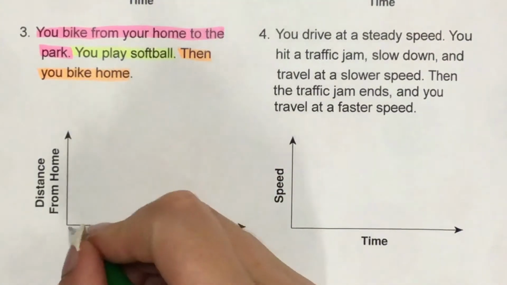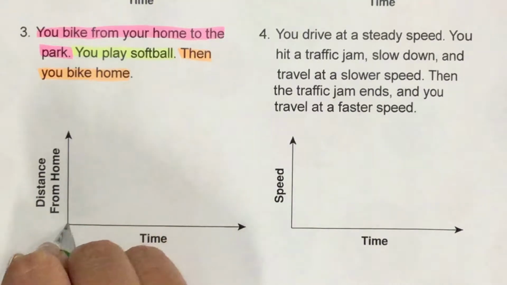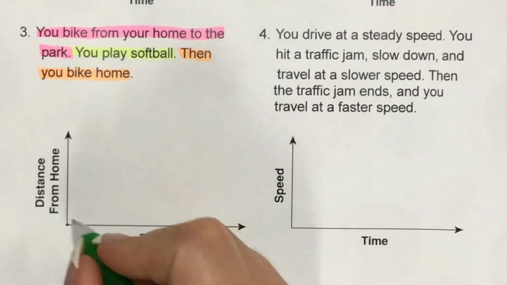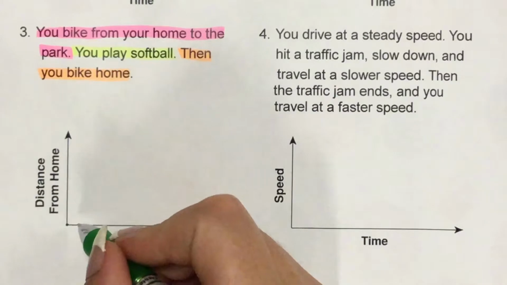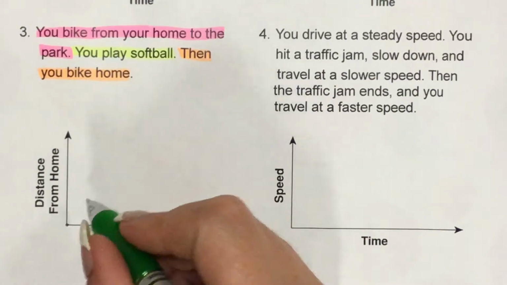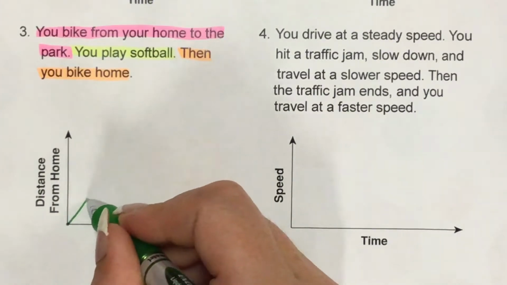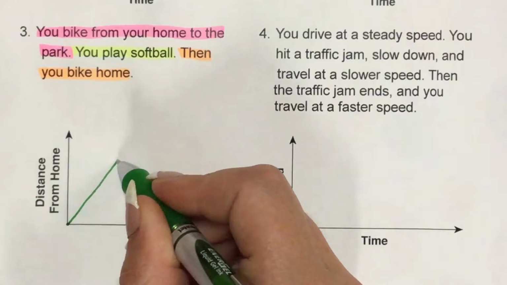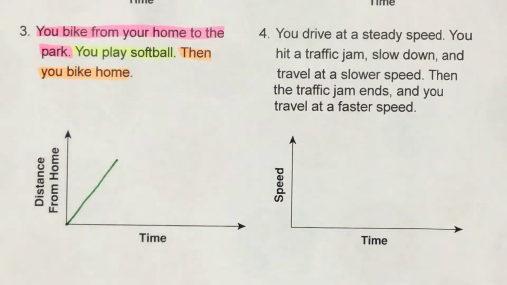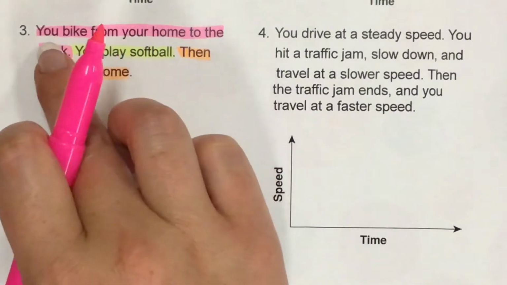So we start at time 0 and we're at home, so the distance from home is 0. So we start right here at the origin. And we're going to bike from our home to the park. So once we start biking, the time starts ticking and we get further and further and further away from our house. Okay? So this represents the pink part of this problem.